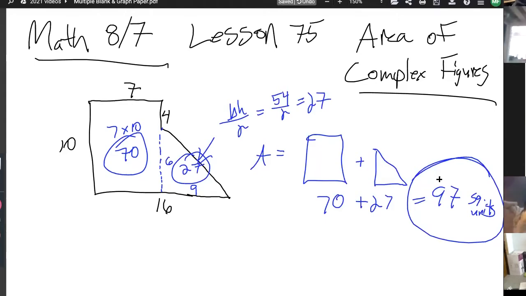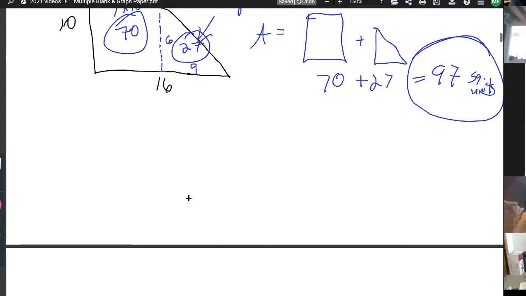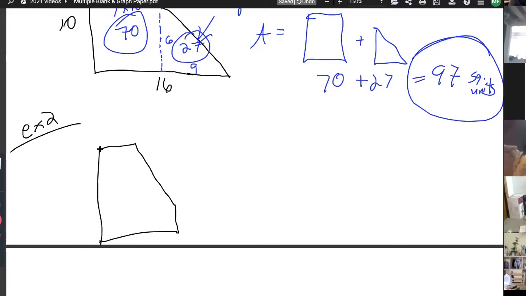Okay, let's try something a little bit more complicated. Not too complicated, but a little bit more complicated. So here's example 2. Oh, this looks bad. So let me just kind of redraw it here.